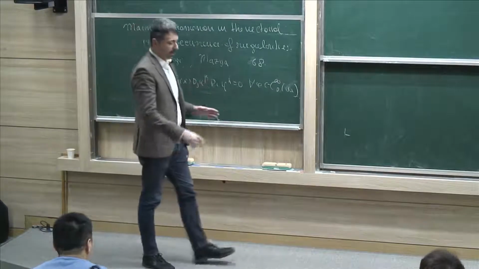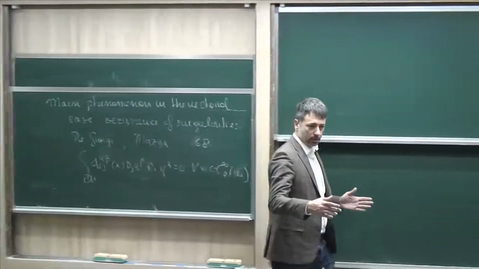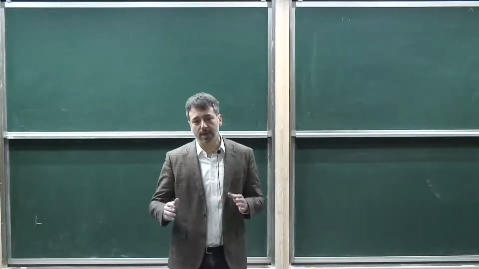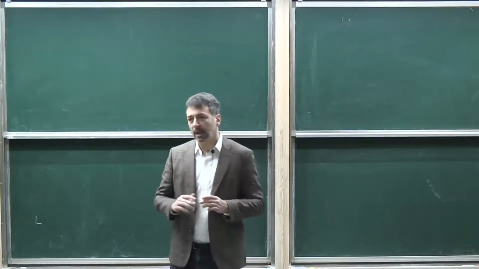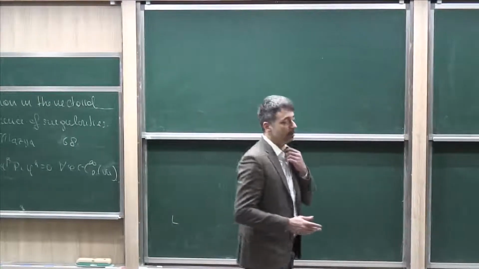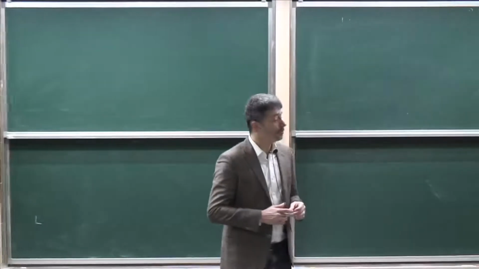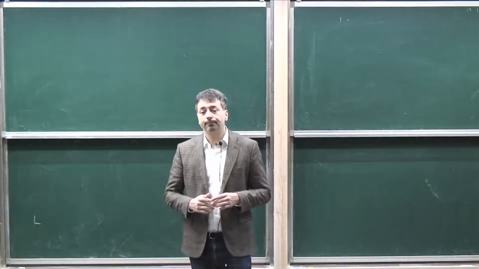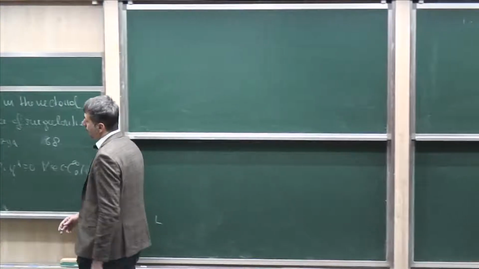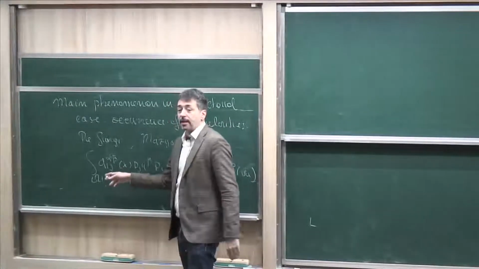Maz'ya provided a higher order equation with a singular solution, with a non-regular solution. And you know that a higher order equation can be turned into a system, then you get another counterexample.